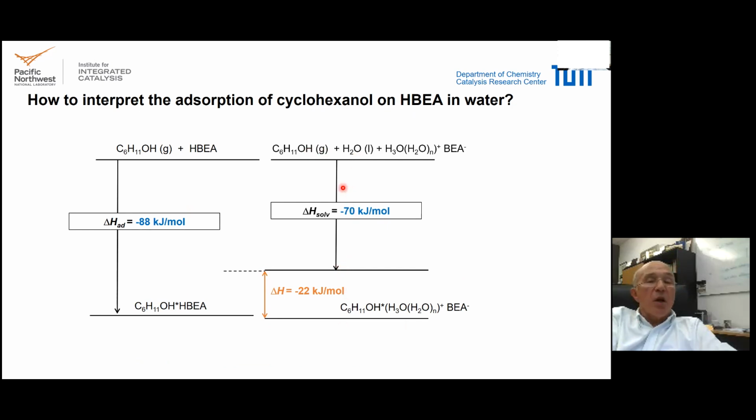That means the only reason why this is so much lower is that the starting point is a lot lower than the starting point from the gas phase. So in principle, it's an additive behavior. Note that we have done this under conditions where there was not much impact of the environment on this molecule. And we had done it under limiting conditions so that we did not have to consider any other secondary effects.